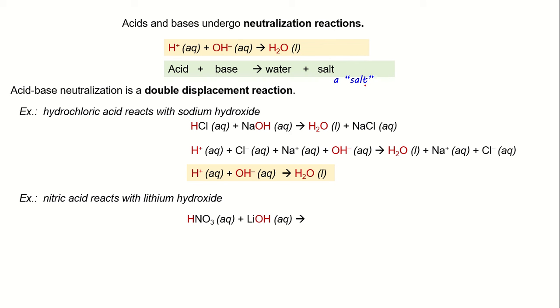A salt means an ionic compound. Any ionic compound can be considered a salt. So in this equation, what we mean by a salt is the ionic compound that results from the spectator ions. This salt is a result of the spectator ions.